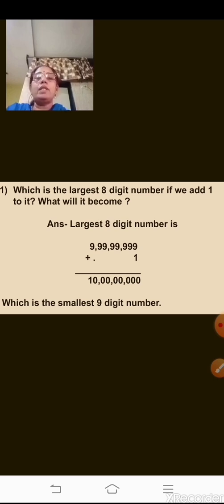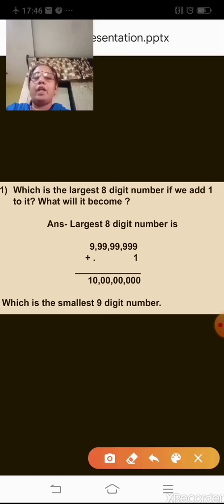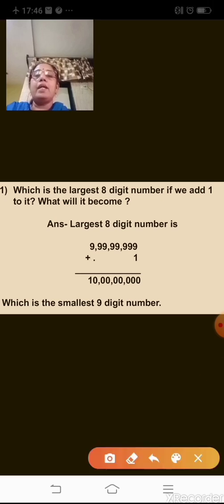You all know what the 8-digit largest number is, correct? The 8-digit largest number is 99999999. How will you read this? 9 crore 99 lakh 99,999. This is the largest 8-digit number.